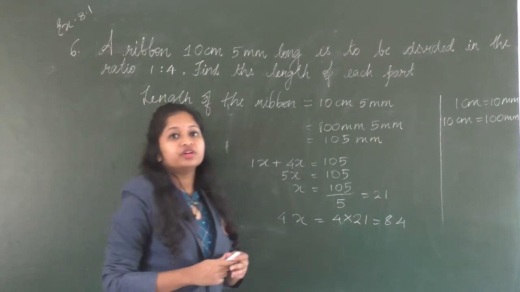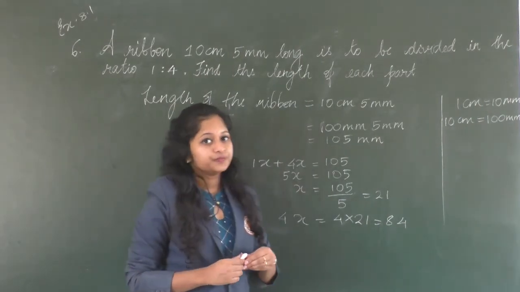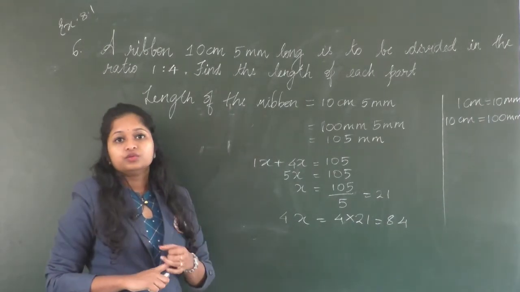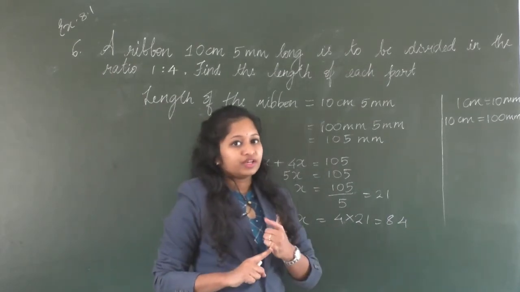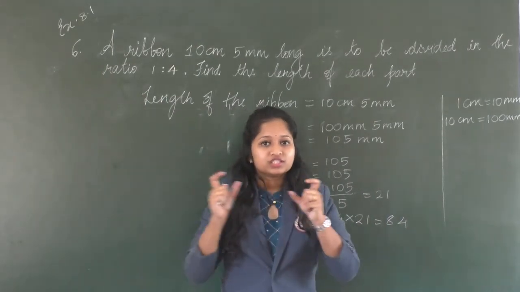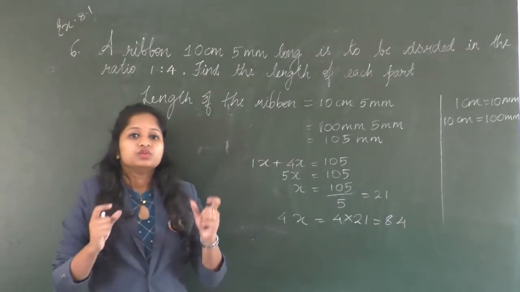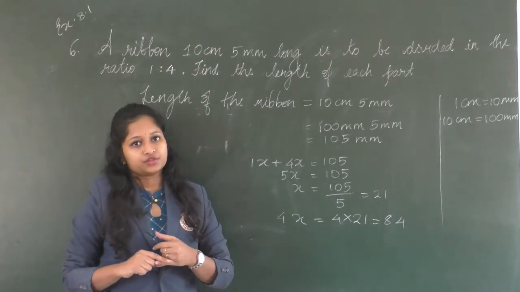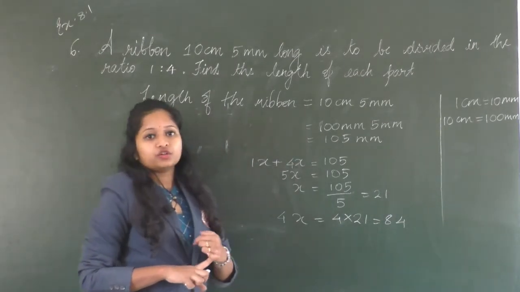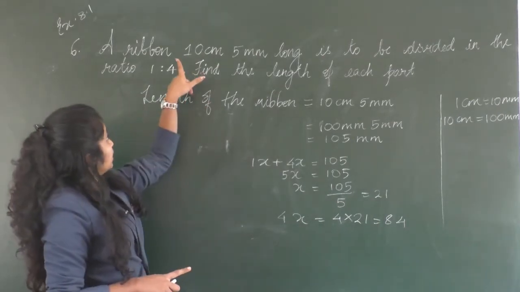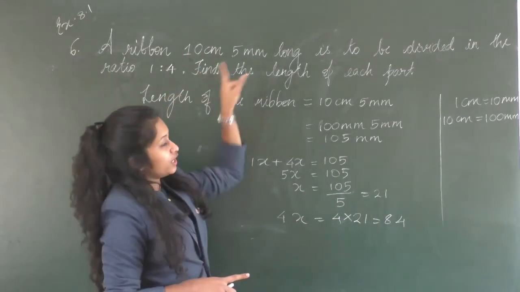Find the length of each part. Okay? So, we have to find the length of each part of the ribbon, which is in the ratio 1:4. And the total length of the ribbon is given as 10 centimeter 5 millimeter.